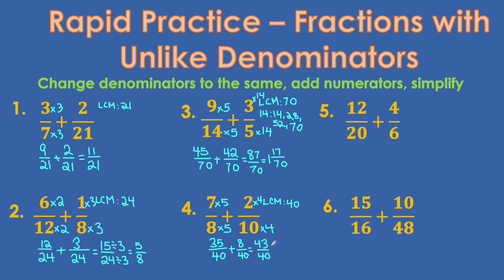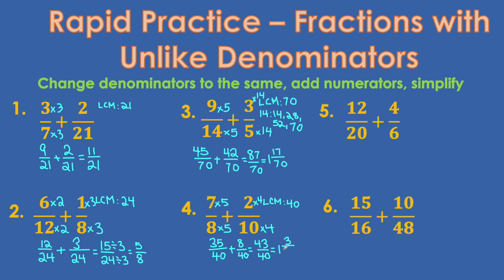And again, the numerator is larger than the denominator, and when that happens, you can turn this fraction into a mixed number. So you think, how many times does 40 go into 43? It'd be 1 time. Then what's remaining? It would be 3, because 43 minus 40 is 3.